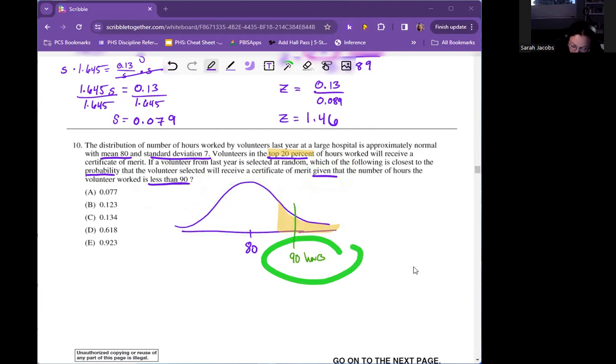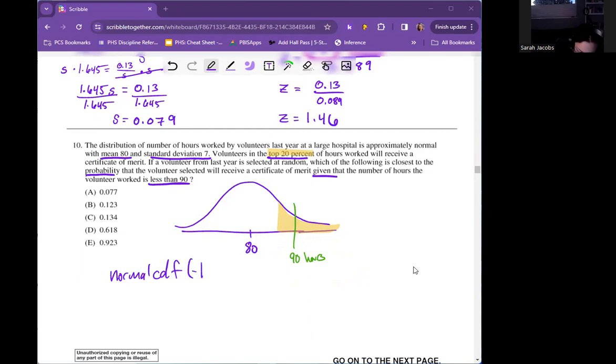We're at 90. We want to know the percent below 90. So we're going to say normal CDF because we have a value and we're looking for a percent.